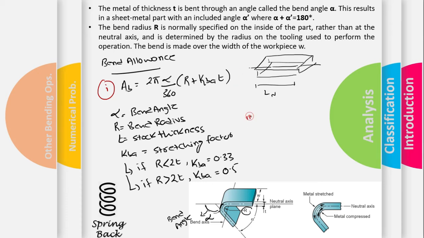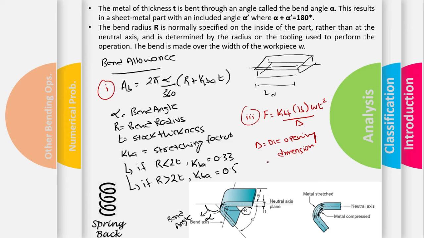The second one was the spring back phenomena, and the third one is the bending force, that is equal to F = KBF into tensile strength of the material into the width and the stock thickness square divided by D, right? Where D is the die opening dimensions.